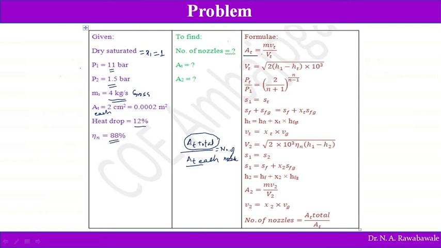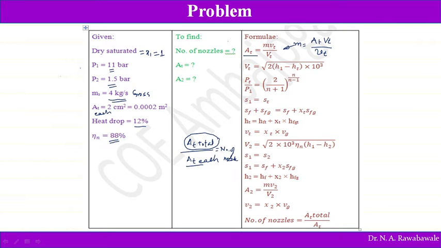The area at throat is given by mass flow rate m into specific volume vt divided by velocity Vt. Actually mass m is equal to At Vt divided by vt, which is rearranged to get the area at throat.